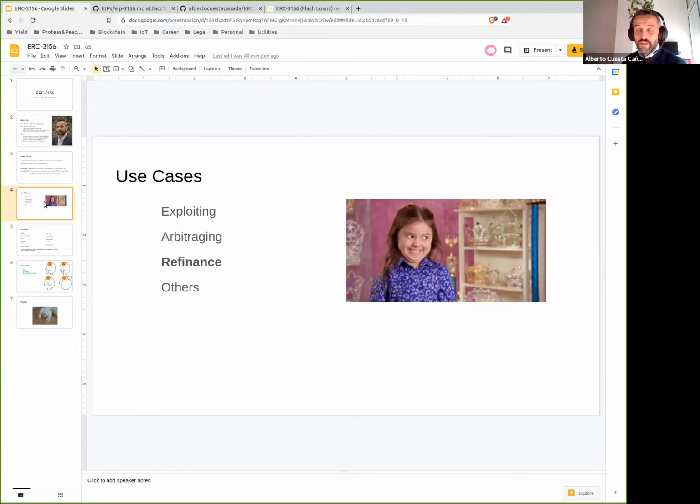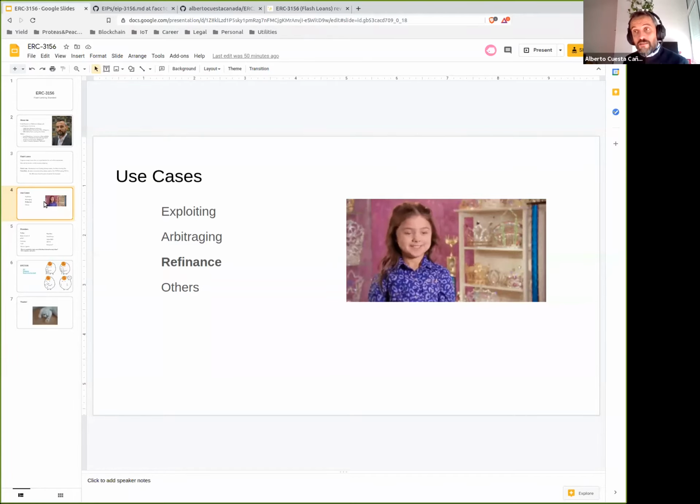You see flash loans in most of the exploits that you see currently. But that's just a kind of use case that we are trying to protect ourselves with this ERC as well. So we are trying to make sure that flash loans are not used for exploits as much as we are trying that flash loans will be used for productive uses. Okay, exploiting is fine, but we don't do it during our day job.